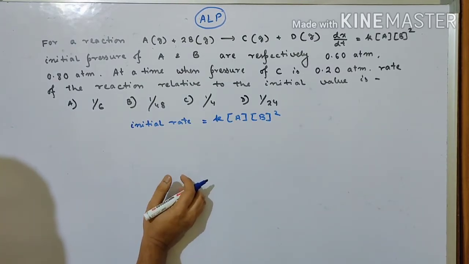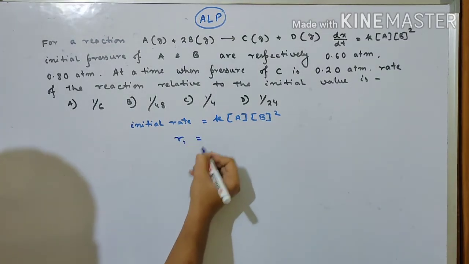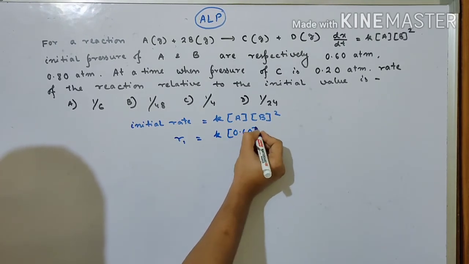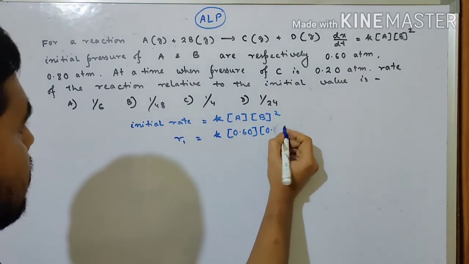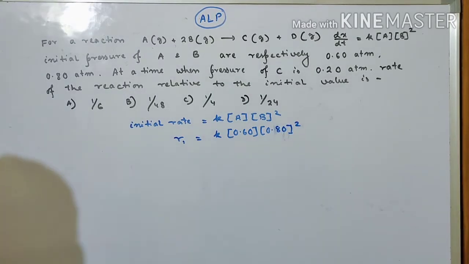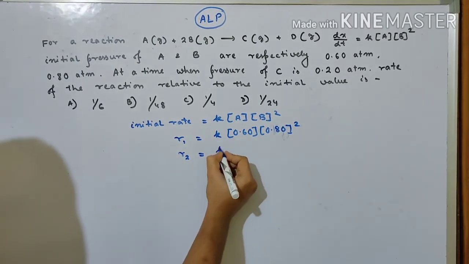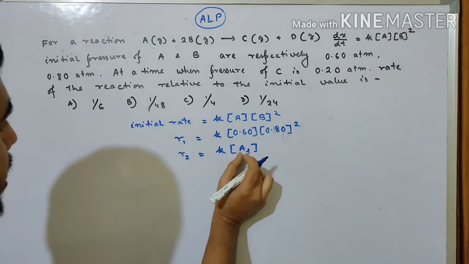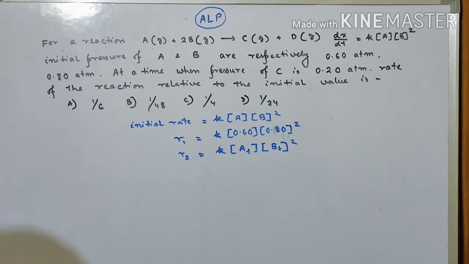Now initial pressure, suppose I am writing it as R1, is given as K into 0.60, and here it is 0.80, square of it, and rate R2 is K into, what happens is at time t what will be the pressure of A, and at time t what will be the pressure of B. So that is the scenario now.